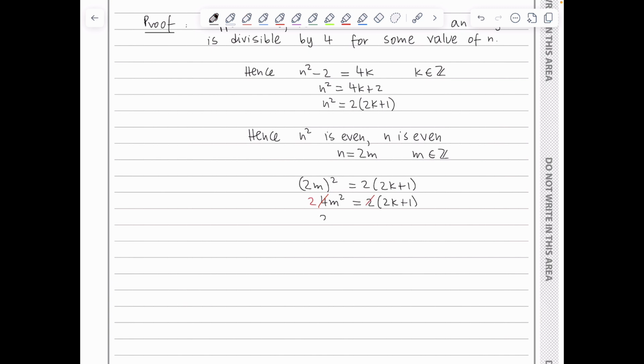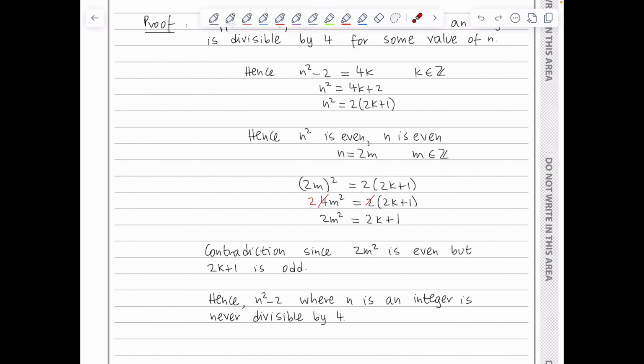So we get that 2m squared is equal to 2k plus 1, which is surely a contradiction because we can see that the left-hand side is surely even, but the right-hand side is odd. So we cannot have an even number being equal to an odd number. So I need to write contradiction and an overall conclusion. Hence, n squared minus 2, where n is an integer, is never divisible by 4.